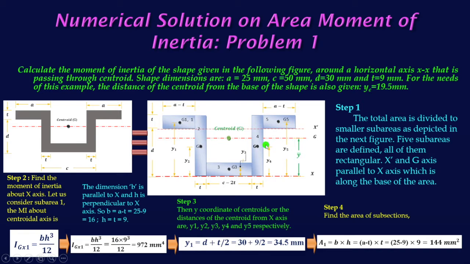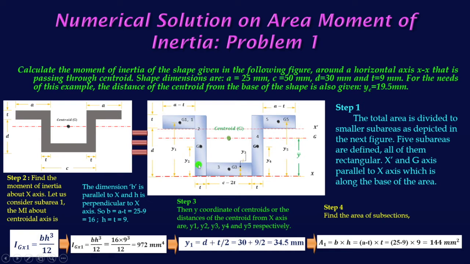See from this figure, areas 1 and 5 are symmetric about the x-axis, and 2 and 4 are also symmetric. How are we getting y2? We only need to calculate one, since 1 and 5 are the same, and similarly 2 and 4 are the same. Now likewise we can determine y2.